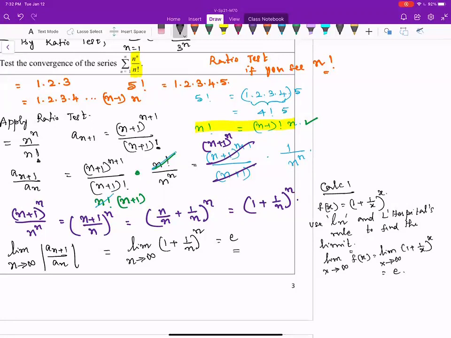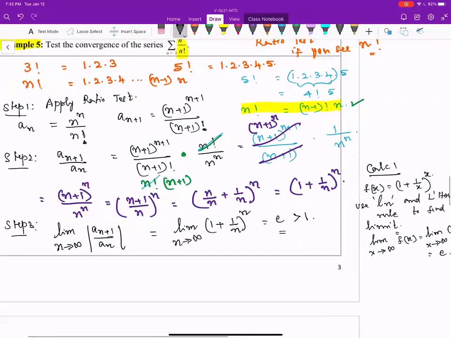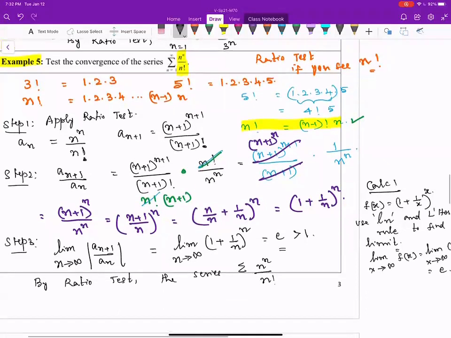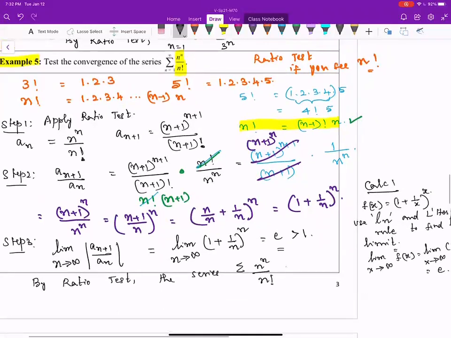But e is a number between 2 and 3, so it is more than 1. Therefore, in this particular problem, the conclusion is that by the ratio test, the series sigma n to the power n over factorial n is divergent.